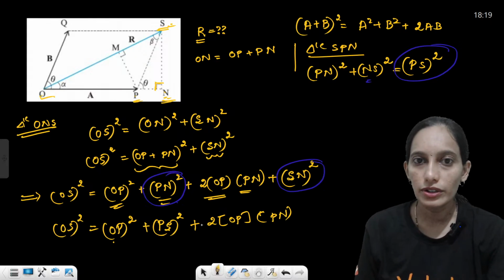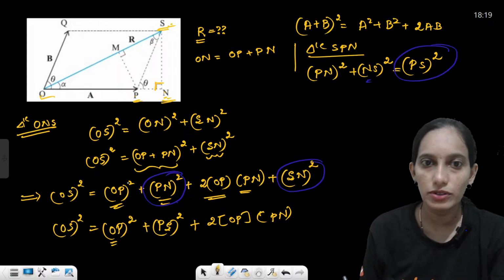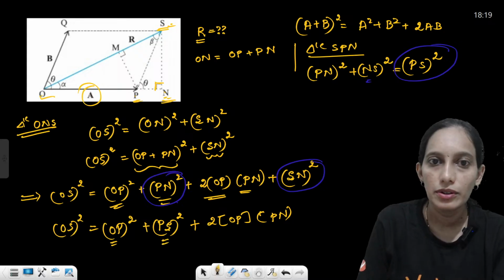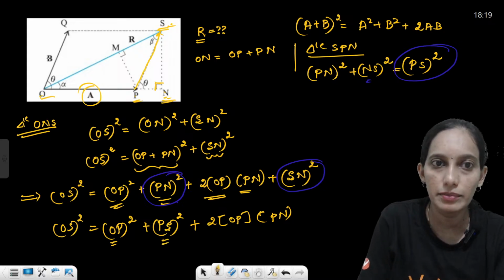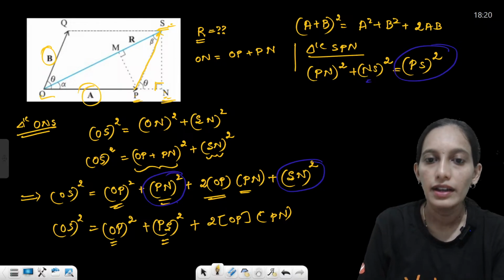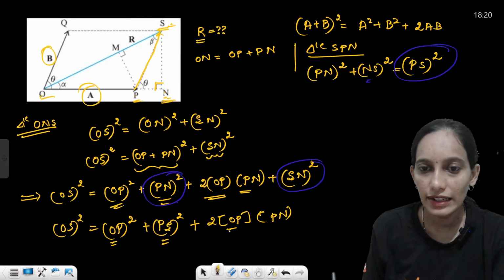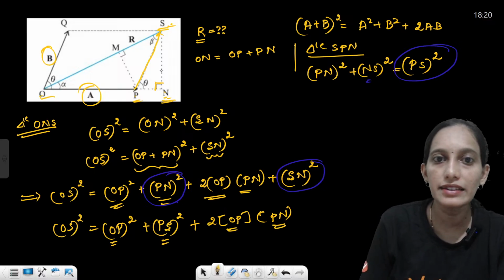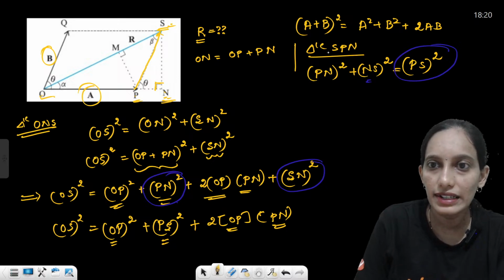OP is very clear, the magnitude of A vector. PS is nothing but the magnitude of B vector. Then 2 times OP is nothing but A, and what is PN? Again we will consider triangle PNS.